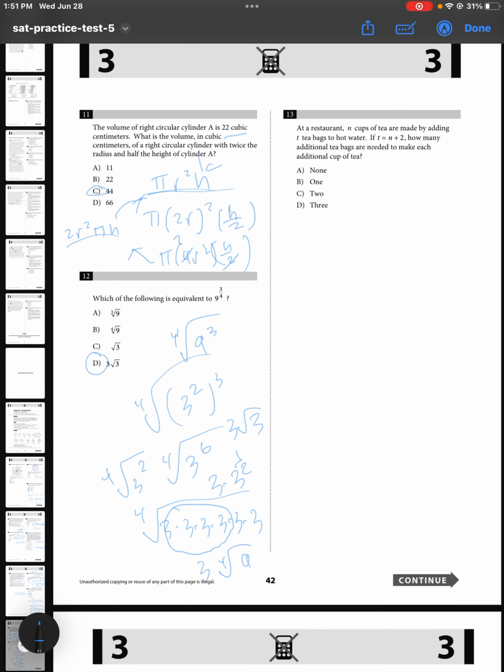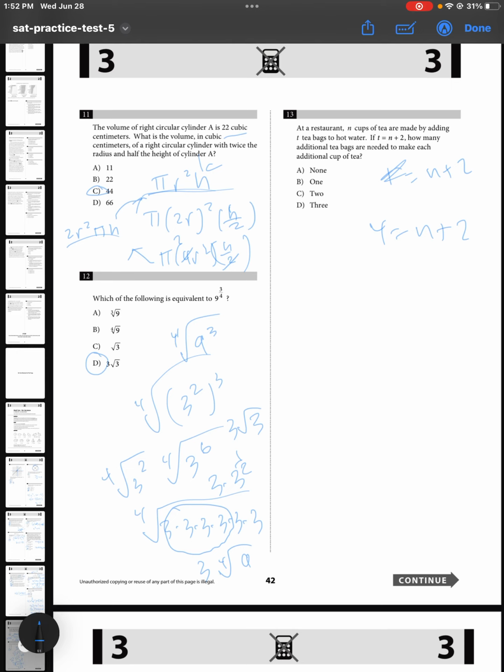At a restaurant, to make 1 additional cup of tea, say t is 1. 1 equals n plus 2. Oh, no. Say t is 4. 4 equals n plus 2.